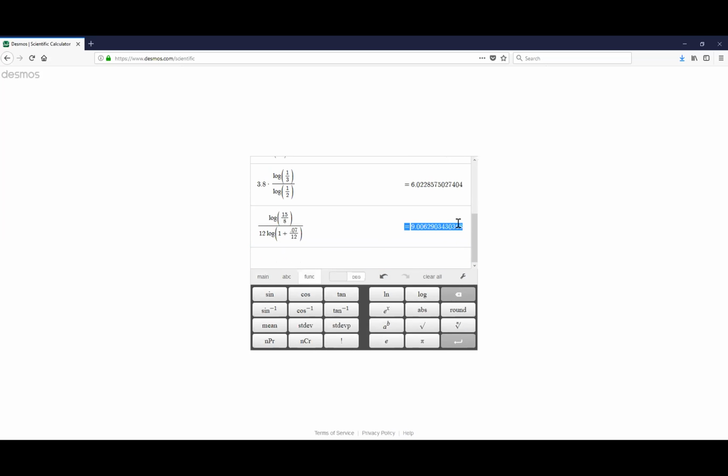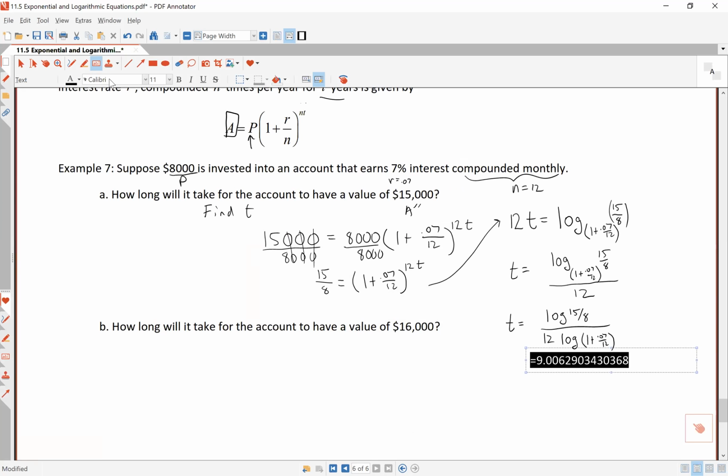So 9.01, and that's t, so that's measured in years. So it takes about 9.01 years for the 8,000 to grow to 15,000 at 7%.